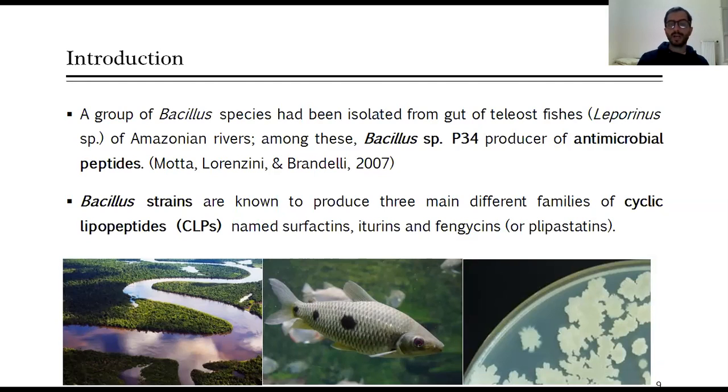Bacillus strains are known to produce three main families included in the group of the cyclic lipopeptides. These families are named surfactin, iturin, and fengycin.